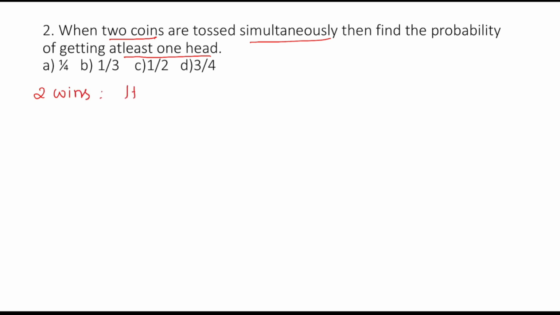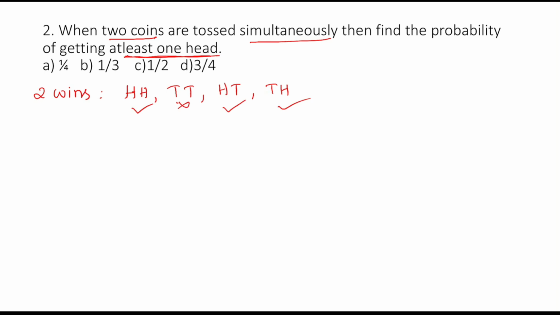We can get either both heads, or both tails, or one head one tail, or one tail one head. So these are the four possibilities. At least one head should be there. At least one means this is okay for us, this is okay, and this is also okay. But here there is no head, so we don't want this.